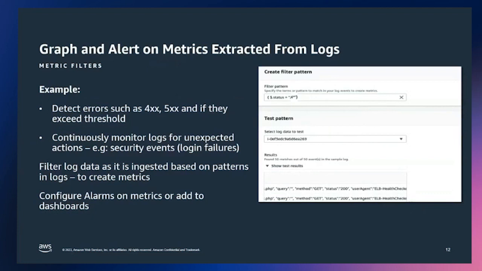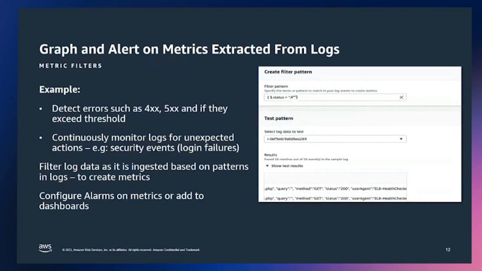So in our case, we would search for the term login failure or patterns of the type 4XX and create a metric filter based on it. Once the metric filter has been created, CloudWatch Logs uses these metric filters to turn log data into CloudWatch metrics that you can graph on, or you can set an alarm on the data.